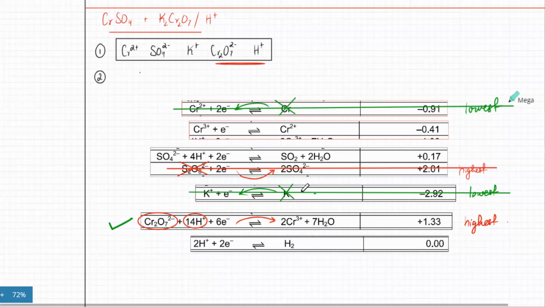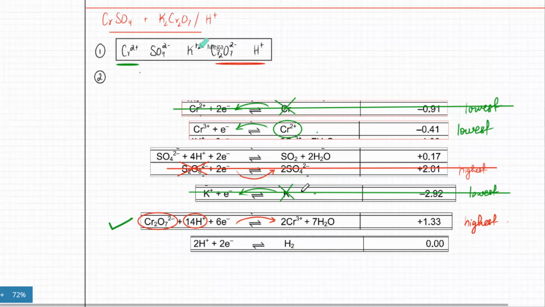Then which one is the lowest? I think it's minus 0.41. That's the lowest, and that's the one that's going to lose electrons, has the greatest tendency to lose electrons. And do we have Cr2 plus? I think we do have Cr2 plus. So Cr2 plus is over here.